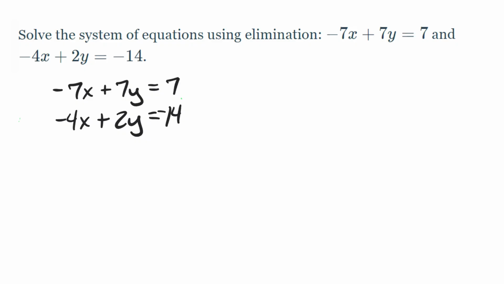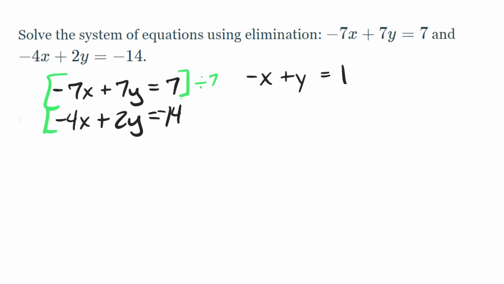But if you'll notice, if I were to divide the entire top by 7, the output would be negative x plus y equals 1. So I divide that thing out and it gets me to much smaller numbers. So I can multiply them to make them meet, or I can divide to make them meet as well.